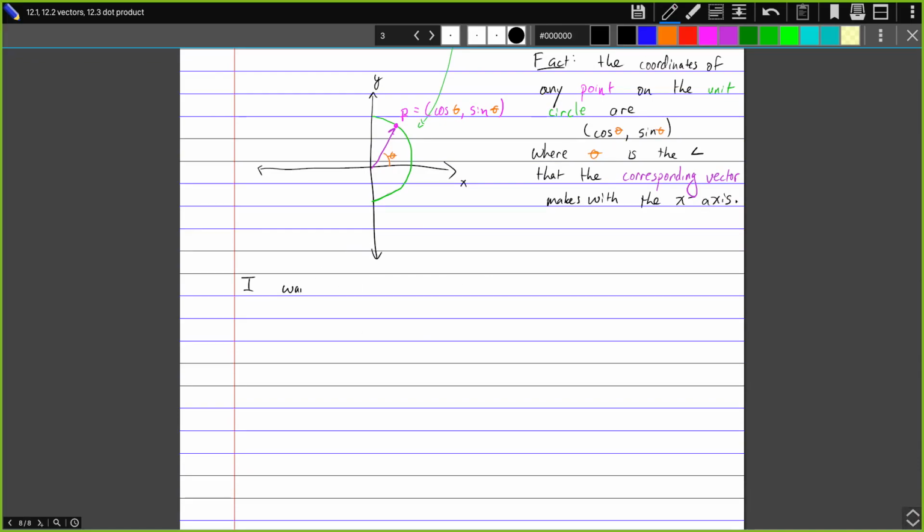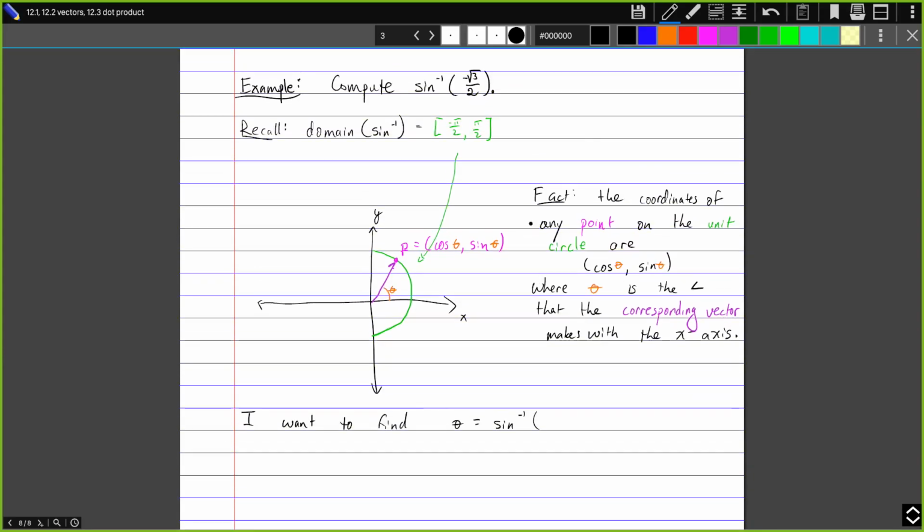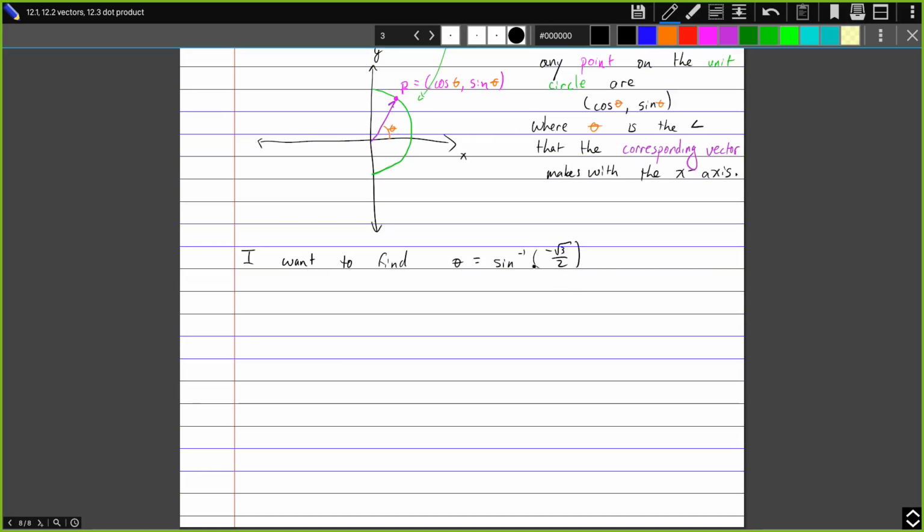I want to find theta, which is equal to arcsine of minus root 3 over 2. That means that the sine of theta is equal to minus root 3 over 2, and theta is between minus pi over 2 and pi over 2.